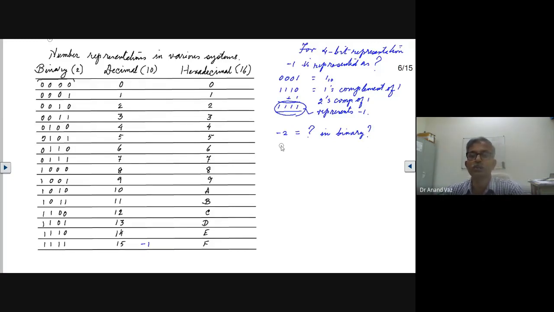So you take 2, 0, 0, 1, 0. So this is actually 2 in the decimal system. You take 1's complement of it, 1, 1, 0. So this is just the 1's complement.